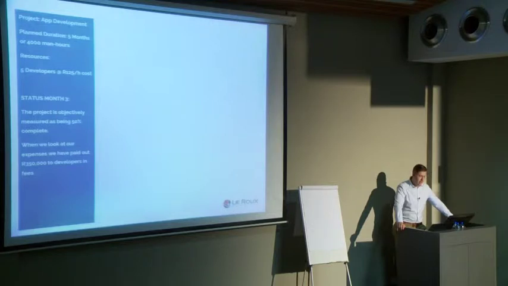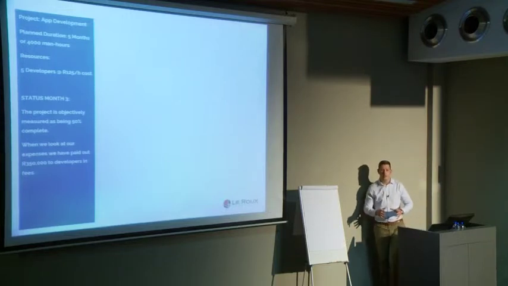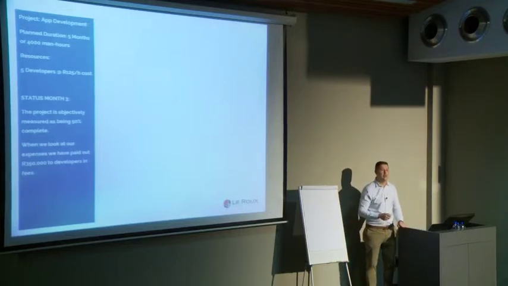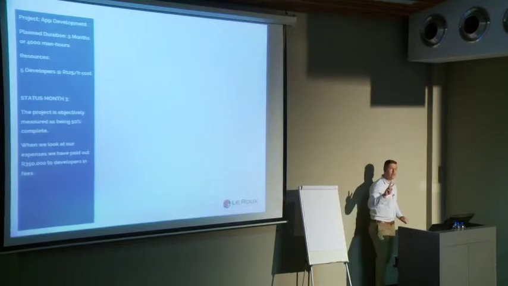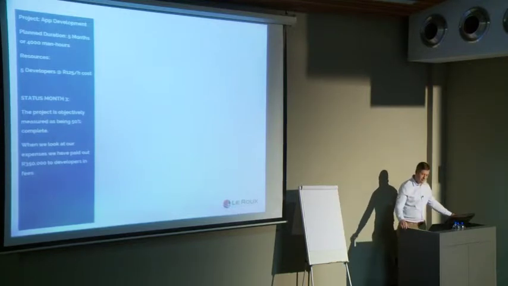So earned value for me asks the question on two sides. Firstly, how much effort did I spend for the value that I've earned? And secondly, how much money did I spend for the value that I've earned? So it looks at those two angles.